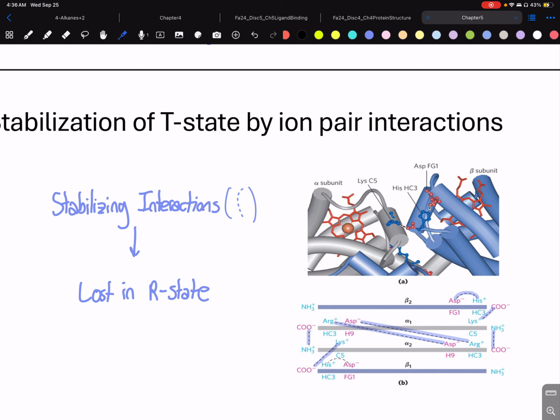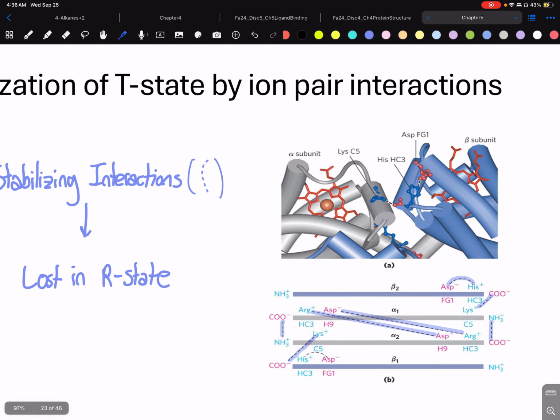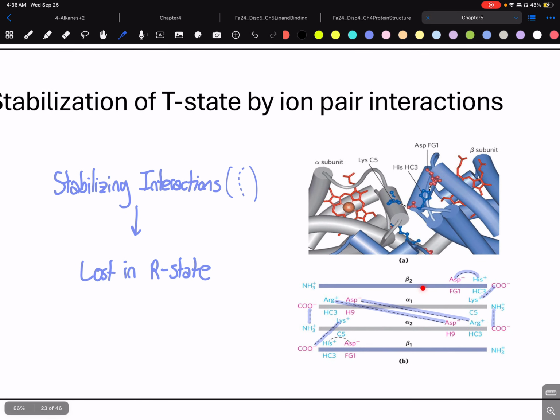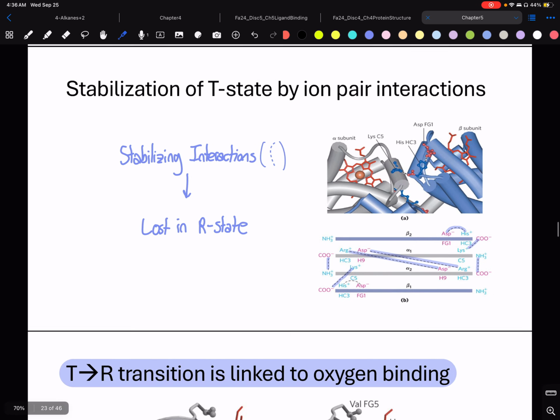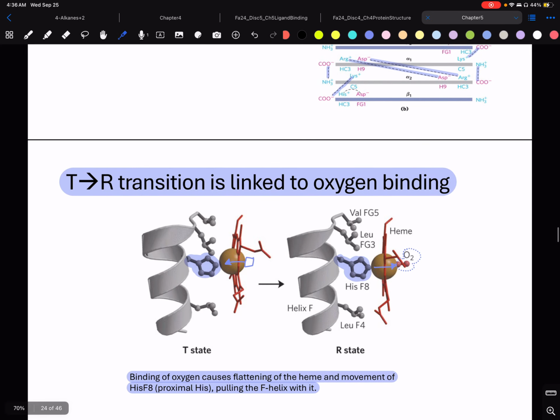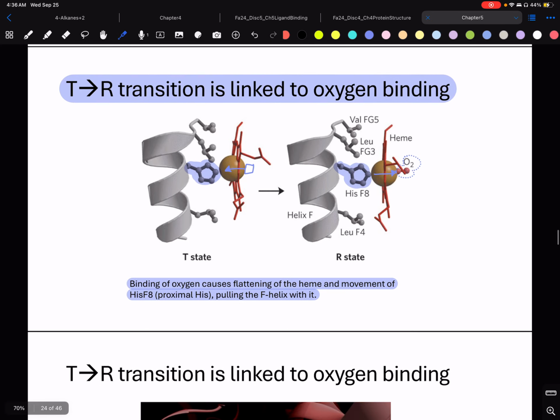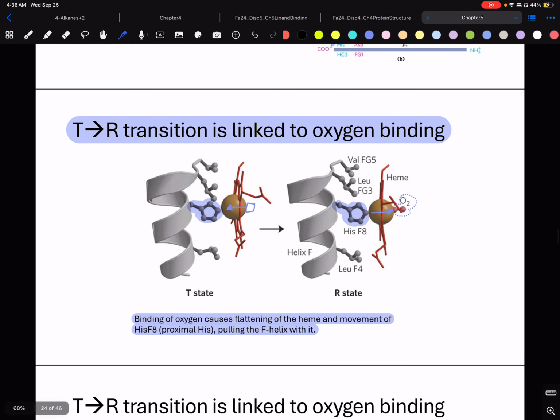Now, when you get to the relaxed state and hemoglobin is bound to oxygen, you lose those ion pair interactions just based on how the chain interactions are altered in the conformational change. So you do lose that stabilization. So the transition from a tight to relaxed state of hemoglobin is linked to oxygen binding.